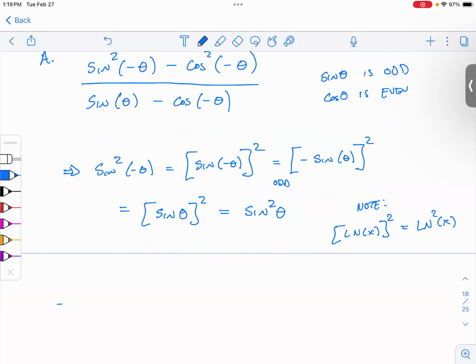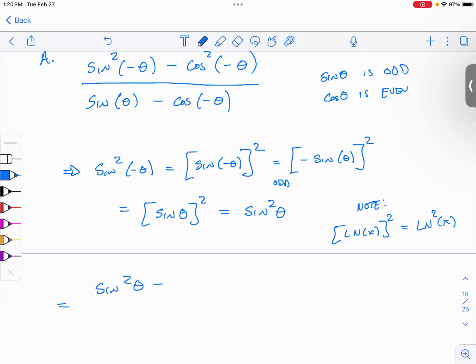Okay, so with our even and odd properties, this becomes sine theta squared. And then cosine is even. So what happens to the negative with even functions? Does it pull out to the front, like with odd functions? No. You just drop it.